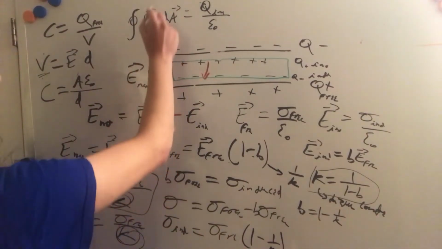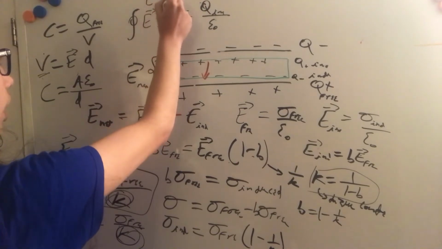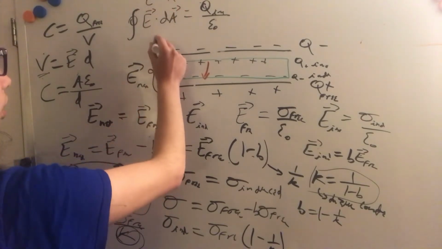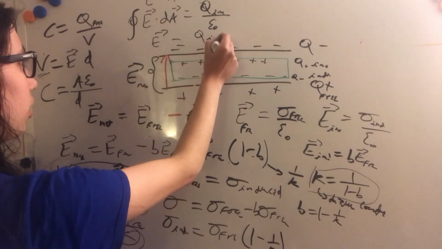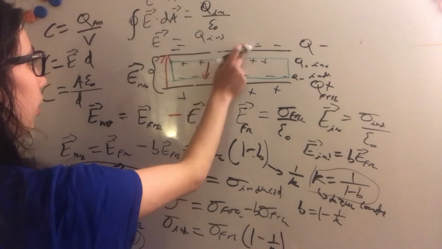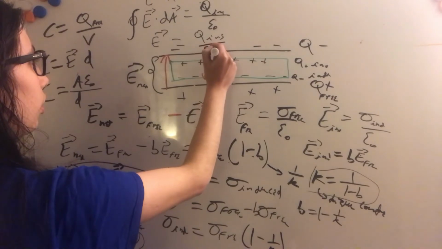So the electric field is equal to the charge inside divided by epsilon naught times area.